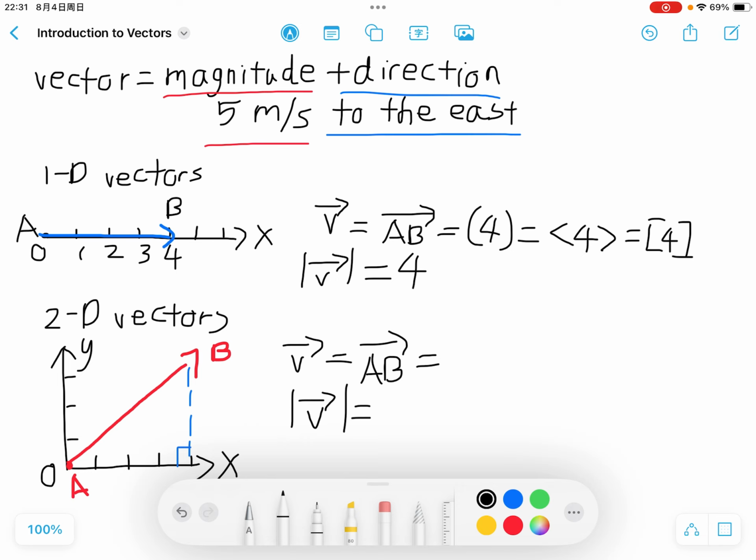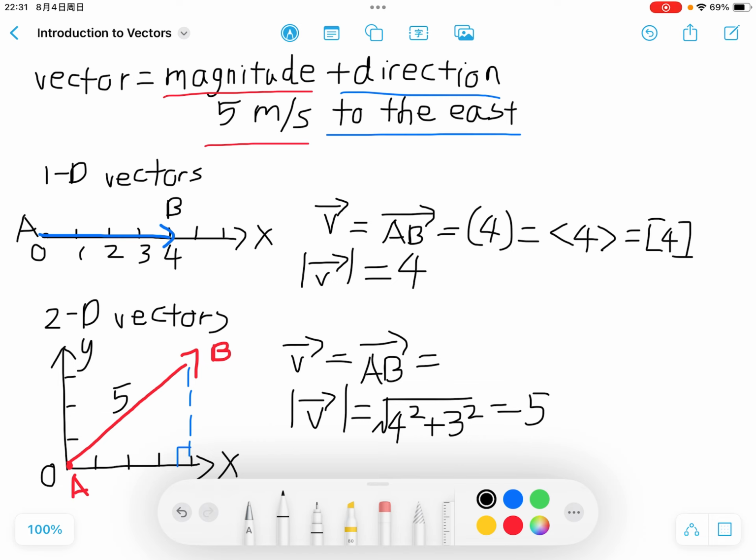So the length of AB here, regardless of the direction, is going to be root of 4 squared plus 3 squared. So the length in the x direction squared plus the y direction squared, and you take the root of that. That is 16 plus 9, which is root 25, which is 5. So the absolute value, or the magnitude, is 5.